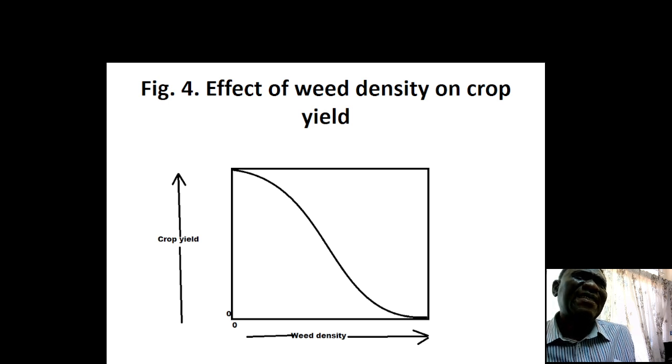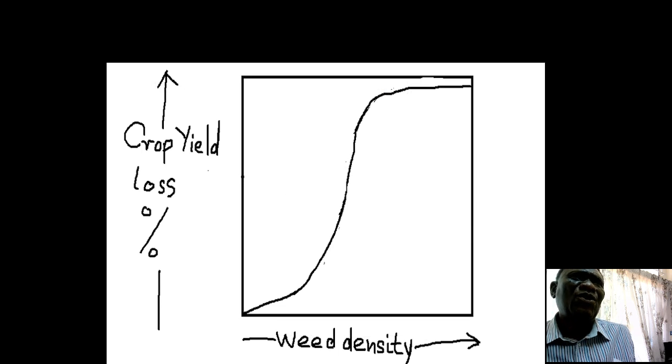If you look at the same weed density on crop yield loss, you get this kind of shape. Again, it's a sigmoid curve. What it is indicating is that at the beginning, when you have few weeds, the loss is very small. Maybe at that stage, you may not weed and get away with it.